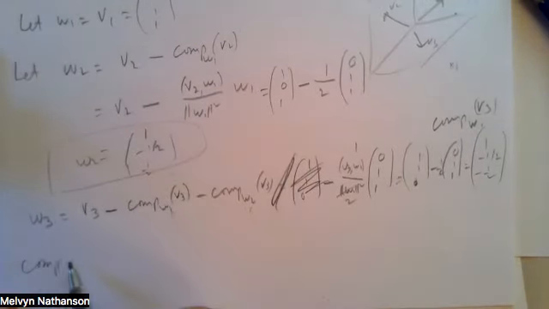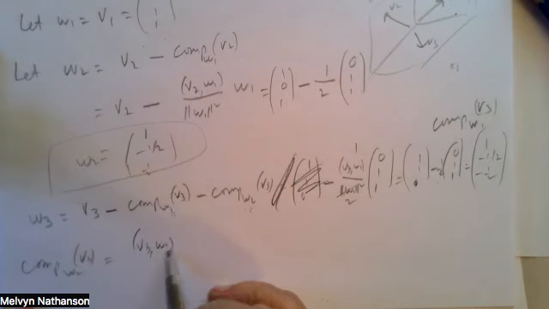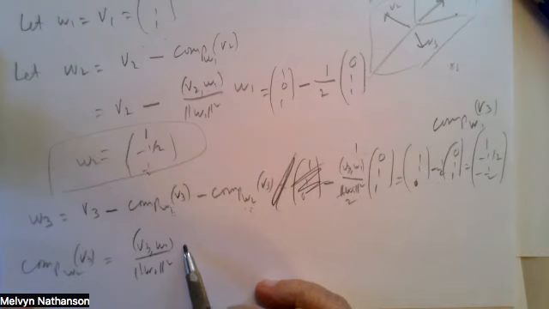But I also need the component of V3 in the direction of W2. So that's going to be the inner product of V3 and W2 divided by the length of W2 squared times W2.